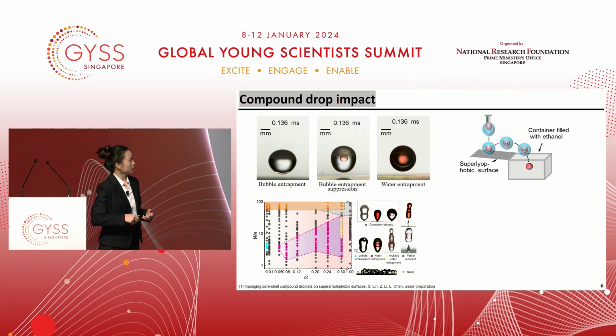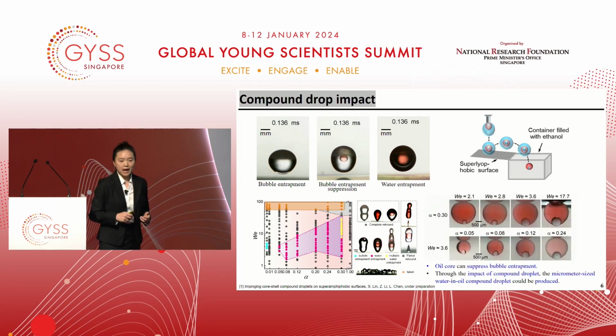And when the water shell dissolved, we obtained a micro-sized compound droplet. In the past, compound droplets could only be formulated in microfluidics, but it is complicated. However, the drop impact method can provide an easy way to produce micro-sized compound droplets. And this method can also adjust the resultant compound droplet.